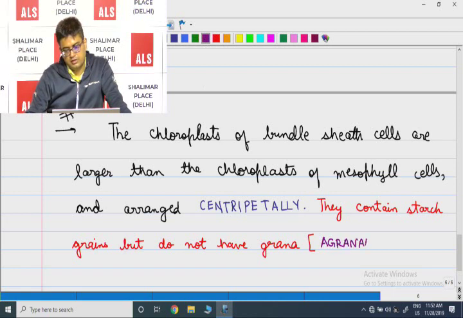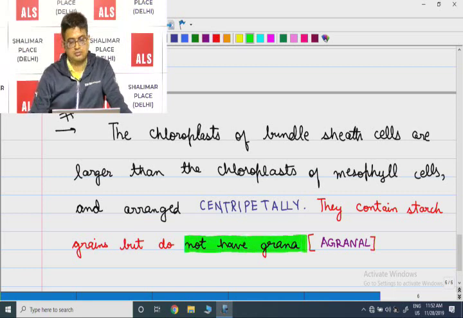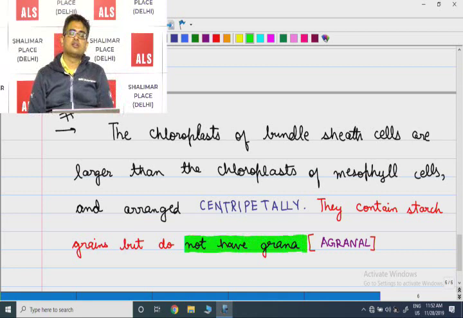This is an important thing, so please remember it. If you talk about the chloroplasts of mesophyll cell, they will have less starch or no starch, and they possess grana.